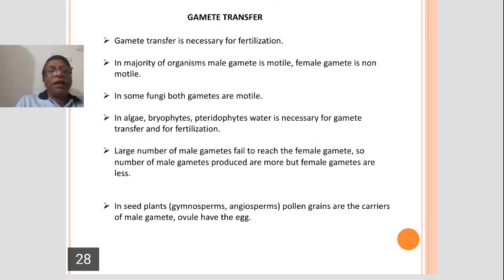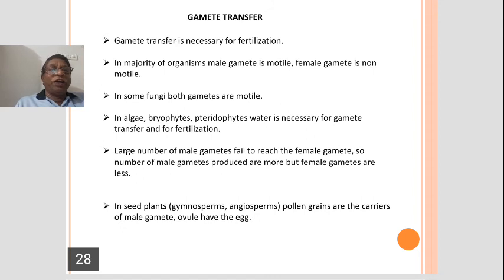That is, in the venter region we come across the egg or the ovum. It is non-motile. It means the sperm must transfer and it should reach the egg or the ovum.